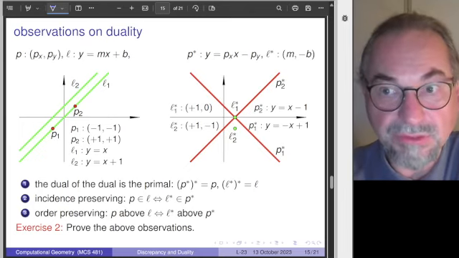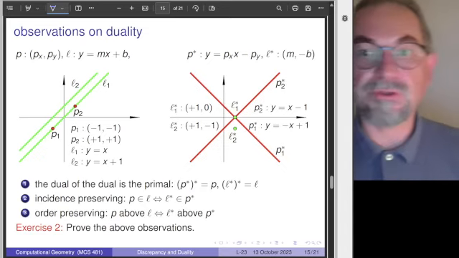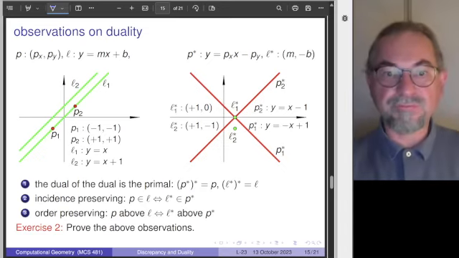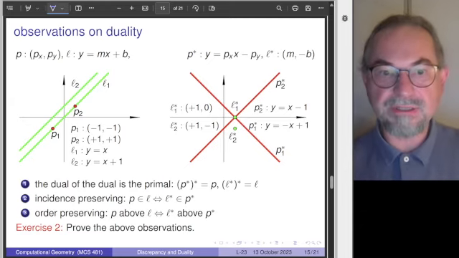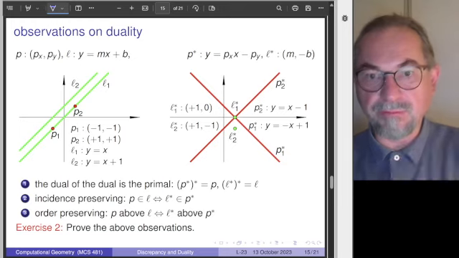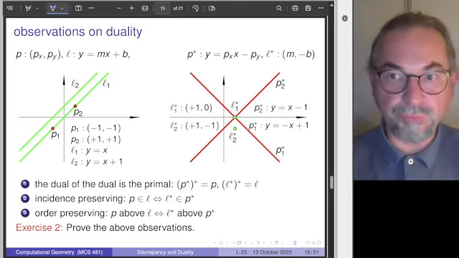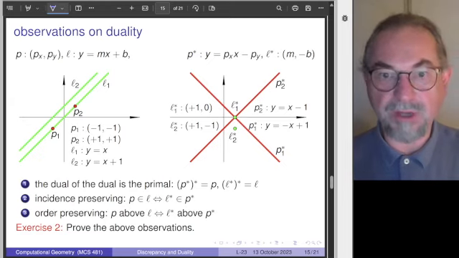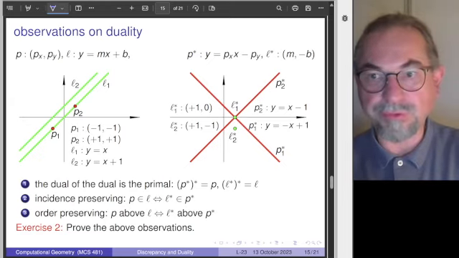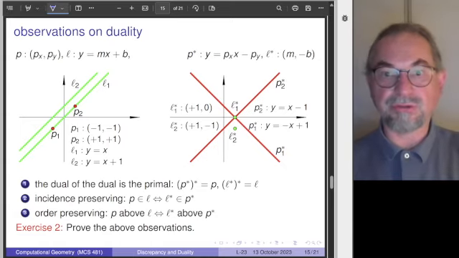See if you can do this also here. Notice that there is an if and only if, so you have to prove both ways. If the point is on the line, then the dual of the line belongs to the dual of the point. Reading it from right to left, if the dual of the line lies on the dual of the point, then the original point lies on the line. So there are two things that you need to prove here.